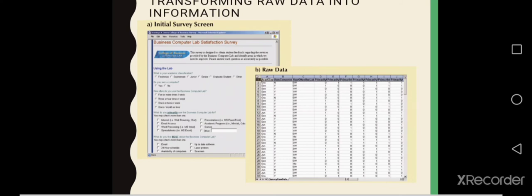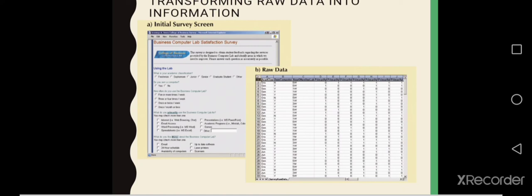On the given example, transforming raw data into information: the first picture is the initial survey. That is your data.